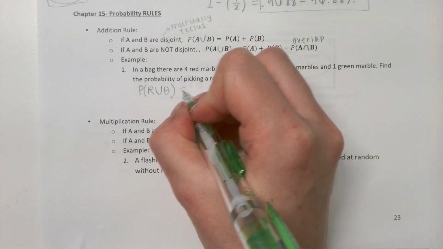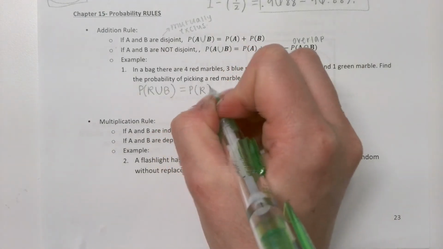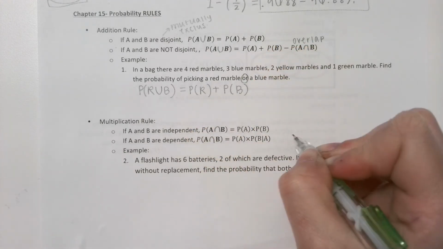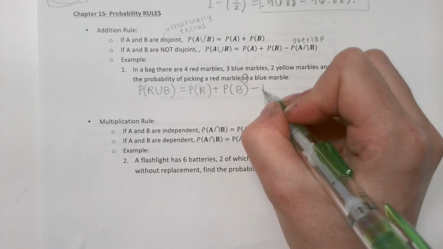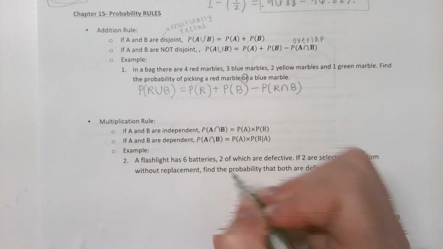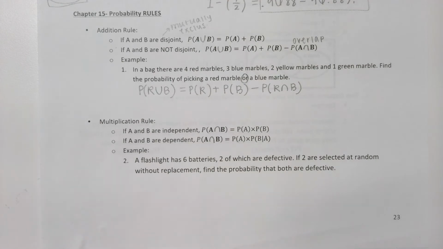I'm going to take the probability of a red marble and add it to the probability of a blue marble. I always like to put this subtraction. In some cases, there won't be an overlap, so that subtraction will just be 0.